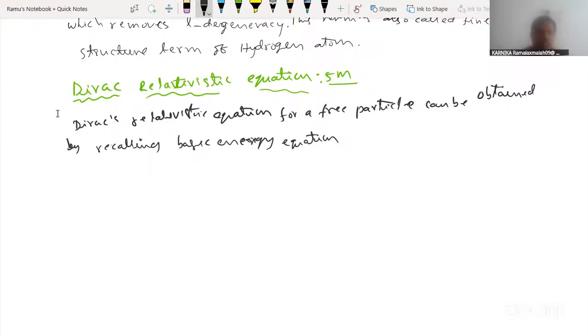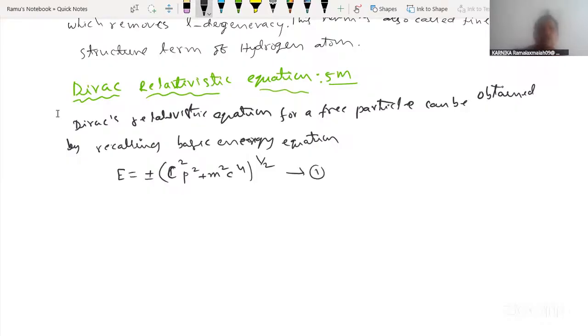That is E is equal to plus or minus square root of C square P square plus M square C power of 4, to the power 1 by 2. This is equation 1.